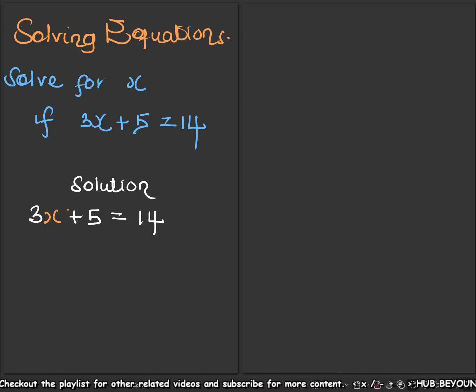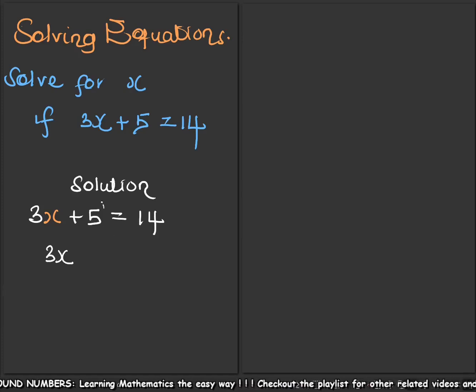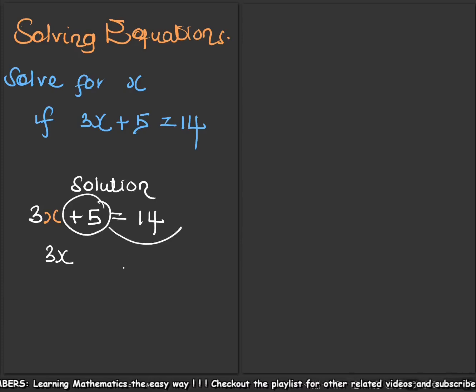We want to take out the 3, we want to take out the 5, but we do it in sequence. So you move the one you can easily move, then you follow in that order. We can easily move the positive 5. So we write our 3x, and I'm going to move this all the way to the other side.